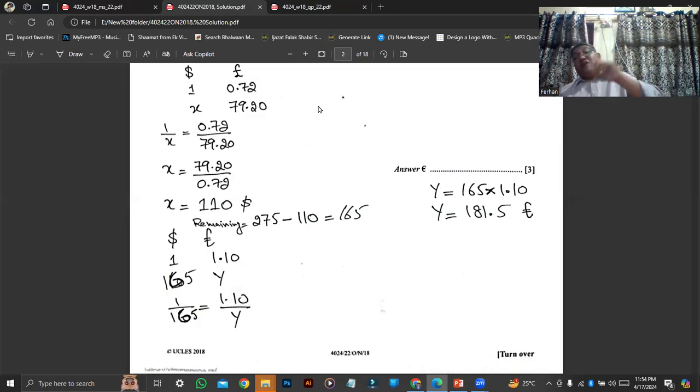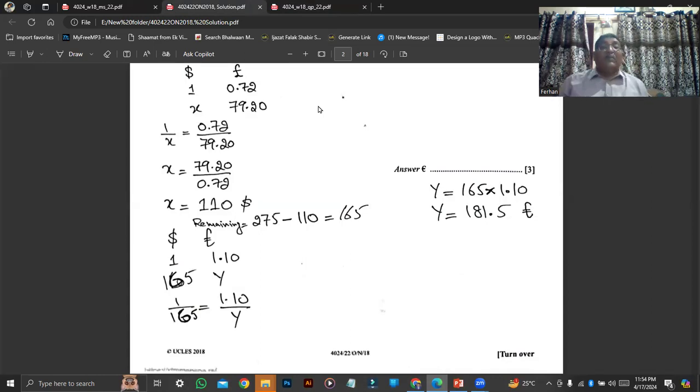He converted the remaining dollars into euros. So we know that the exchange rate between the dollars and the euros is $1 is 1.10 euro. So if you convert $165 into euros, how many euros will you get? Let me say it is y.